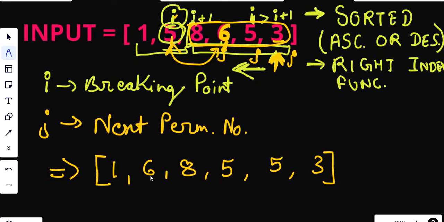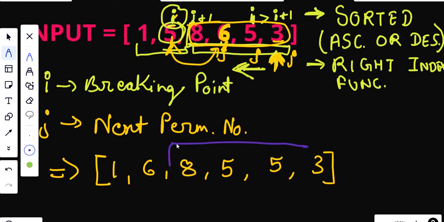Because 1, 6 is fine, but this part of the array is still in descending order, right? I know my I is still here, and the rest of the array after I is still in descending order, not in the ascending order with which I can achieve the smallest permutation.